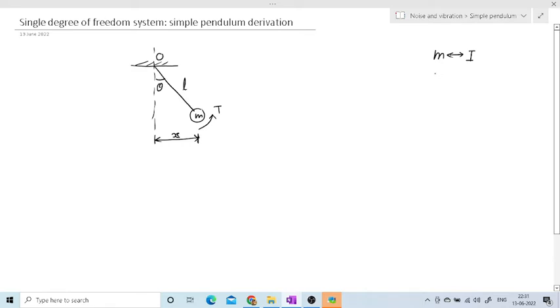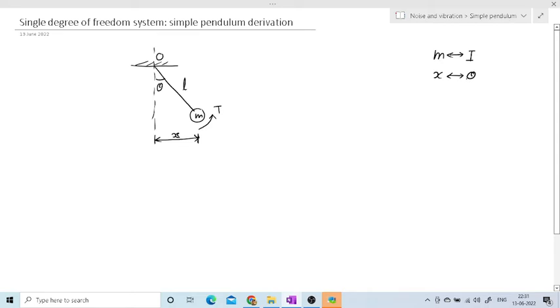In the linear system the displacement is x, in the angular system the displacement is theta. Whatever notations we use in the linear system, we will have to convert into the angular system.